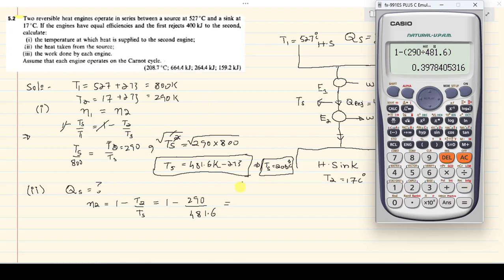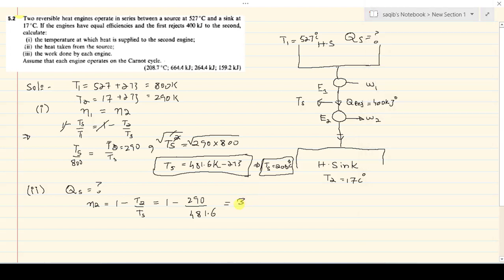So you will get the efficiency as 39.7% almost. But the efficiency of engine 2 is the same as engine 1, as already given in the statement.